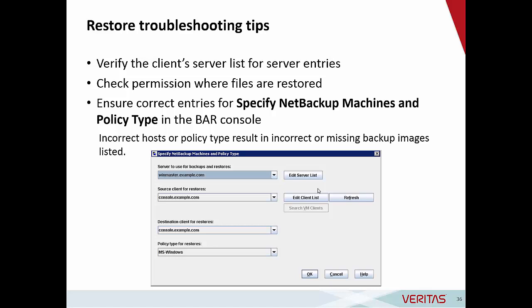Also, make sure that you've got the right selections in the BAR console to find the data that you're looking for. Make sure that the specify NetBackup machines and policy type information is correct, both the host name of the client whose data you are searching for to restore, and be careful about short versus long names. Remember, for NetBackup, the short name and long name are not the same.